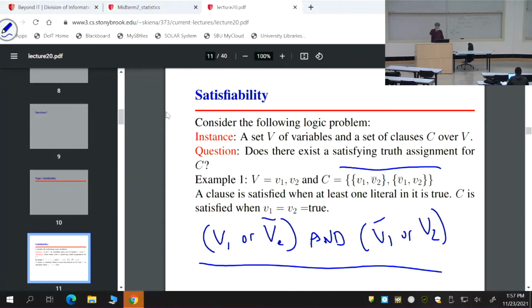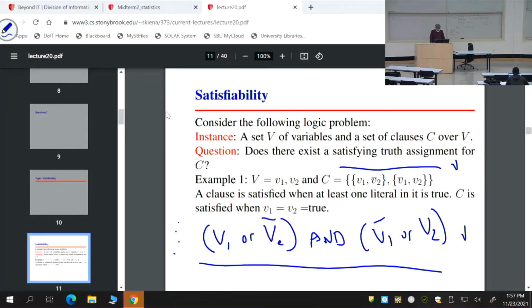This is how I like to write it, and this is how you like to read it. Okay? And what is the question? It's a question on these logic formulas. Is there a way to assign true or false to the variables such that you can make this thing true?